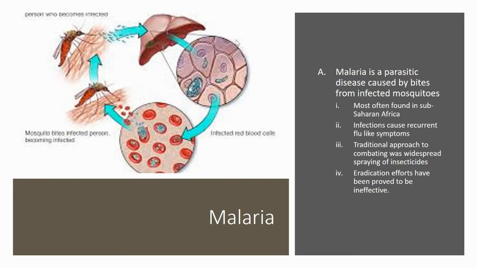Now, interestingly enough, if you are someone who has the genetic disorder known as sickle cell anemia, you will be better off against malaria than someone who does not have sickle cell anemia. Because as you can see, it's going to infect your red blood cells.